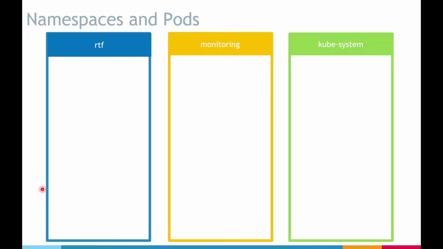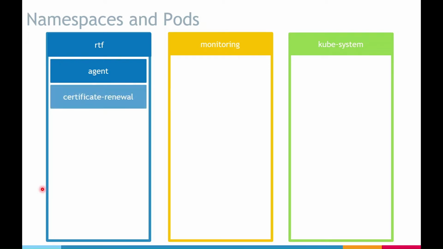First is agent. As we discussed in part 1 of this series, this pod handles all the communications with the Anypoint Platform control plane. Second is certificate renewal. The agent uses two-way SSL to communicate with Anypoint Platform, which requires a certificate to be installed on the agent. This certificate has a validity of around a year, and this pod's responsibility is to renew the certificate.